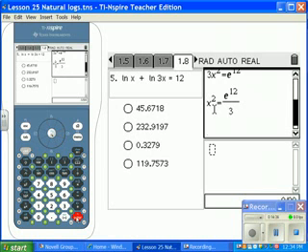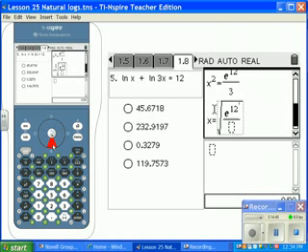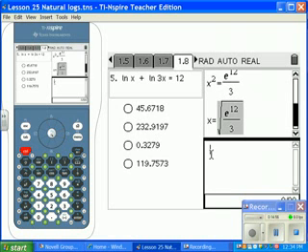Last step, square root. x equals the square root of e to the 12th over 3. Notice I didn't do any algebra until the very last step where I now take this and get my answer.